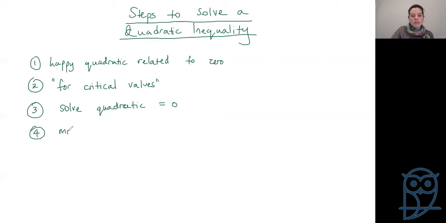So you need a mini sketch, just a little one, with your zones of interest marked. And then only after that, your last step here is to state the answer to the inequality.